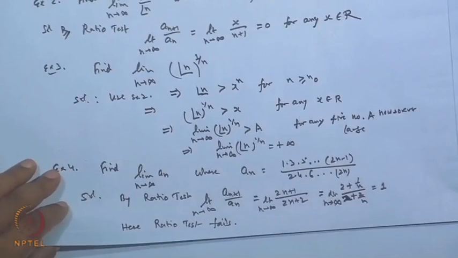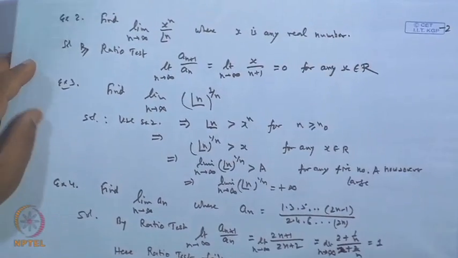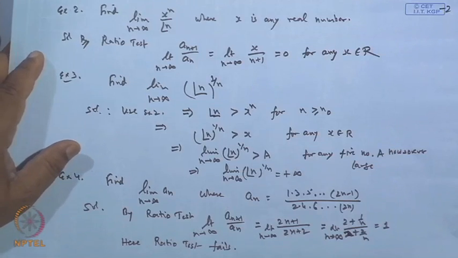So, what to do? In that case, we have to apply our previous knowledge. We know that if a sequence is monotonically increasing and bounded above, or monotonically decreasing and bounded below, then such a sequence will definitely have a limit. So, let us find out whether this sequence is monotonic or not.